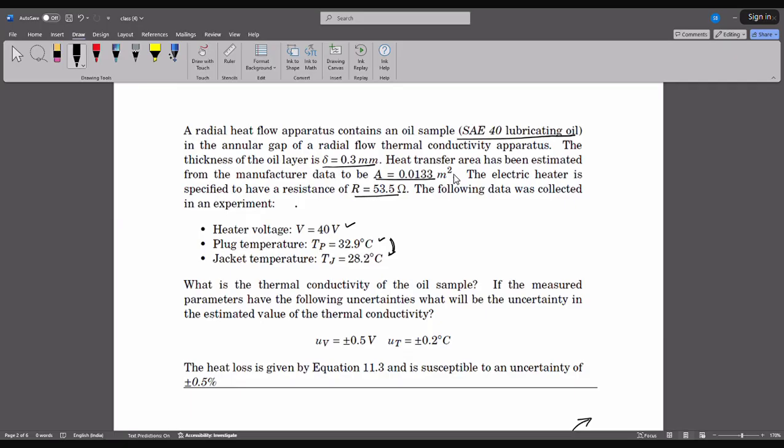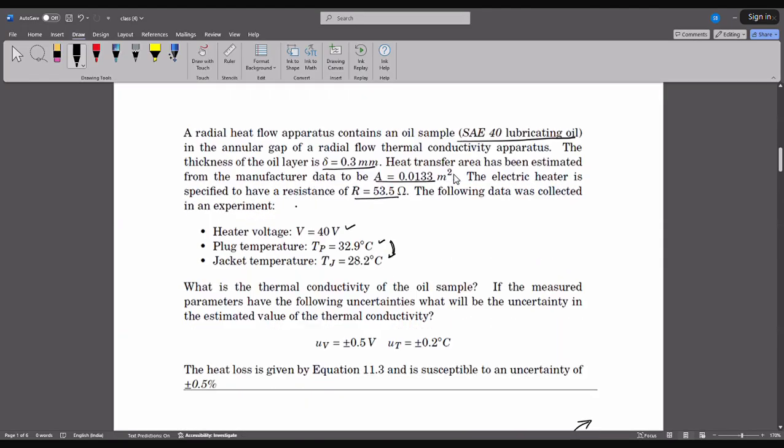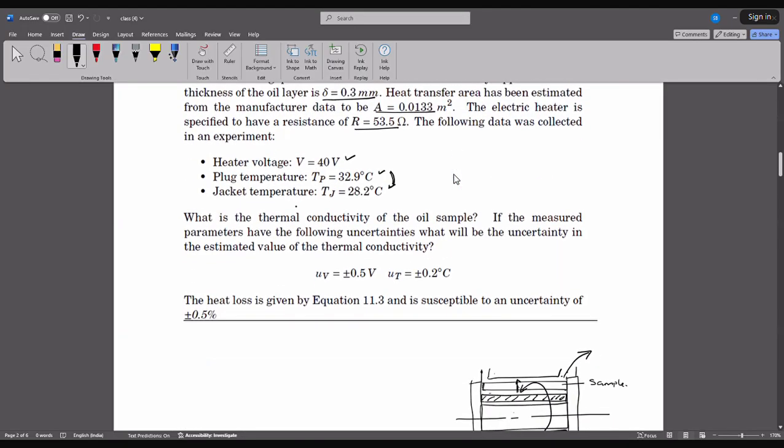Now in this case we can also consider we have a correlation for a radial flow apparatus. The heat loss that can happen in a radial flow apparatus is related to the temperature jump. This correlation I had given you in the class.